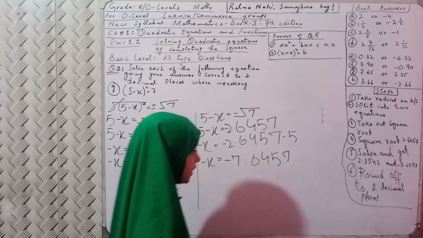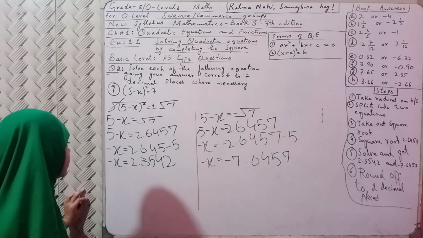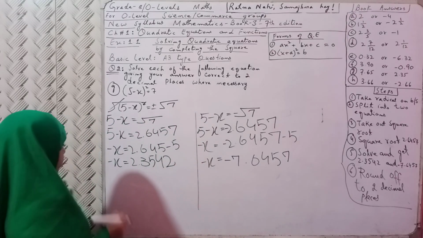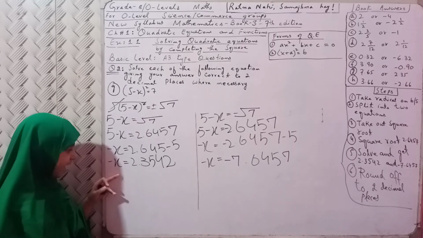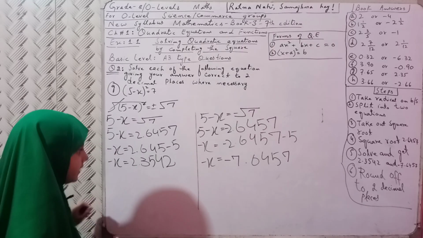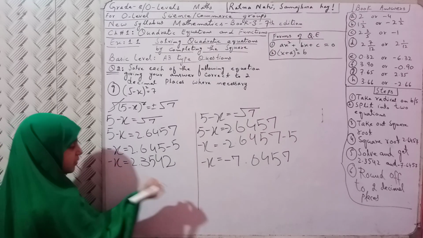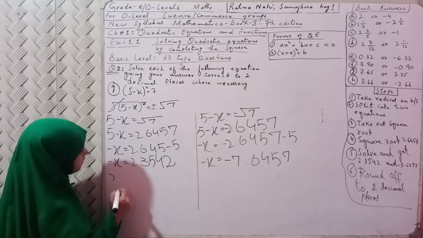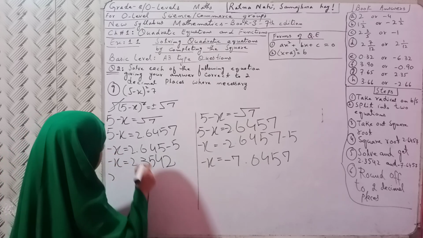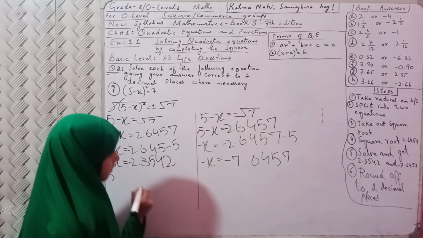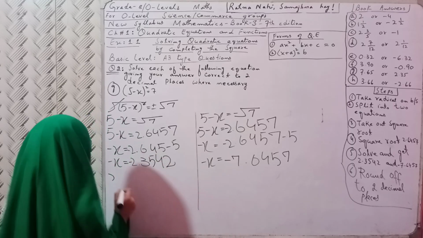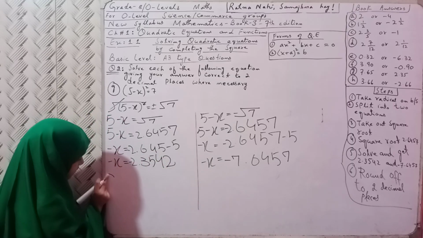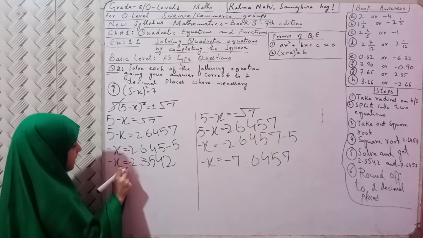minus 7.6457. Now I want to make this x plus x. That's why this plus x will go there and this will come here. We have to make this in plus.